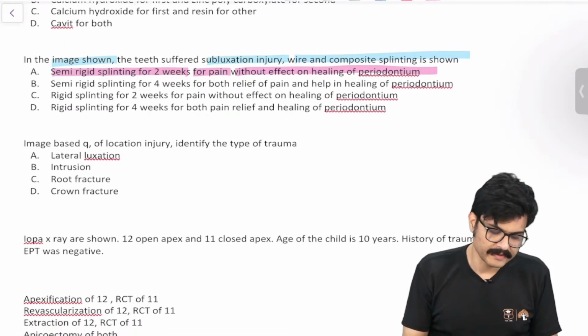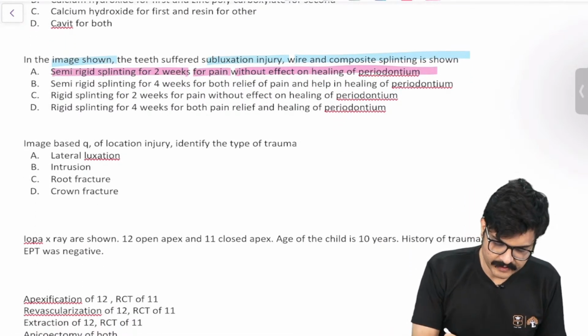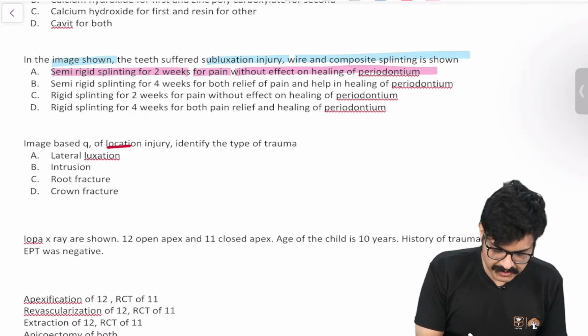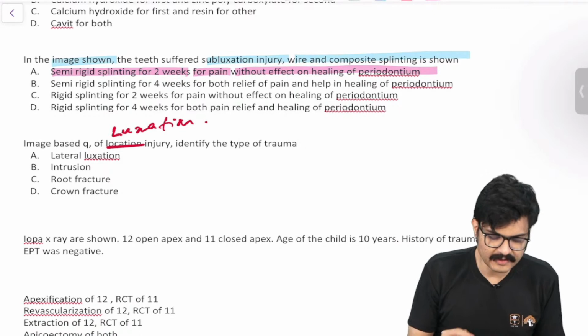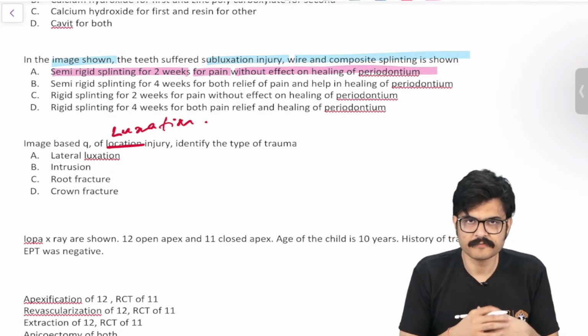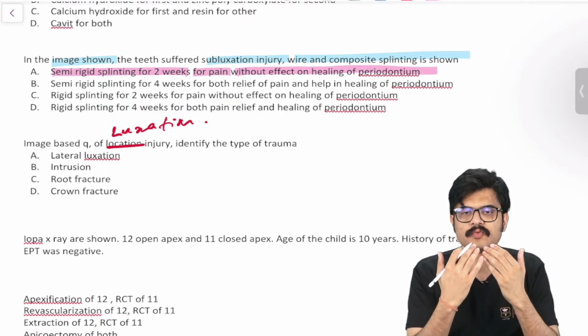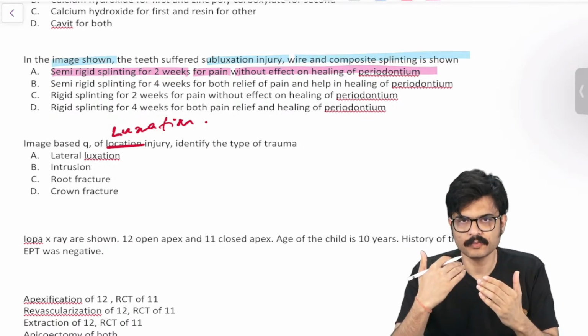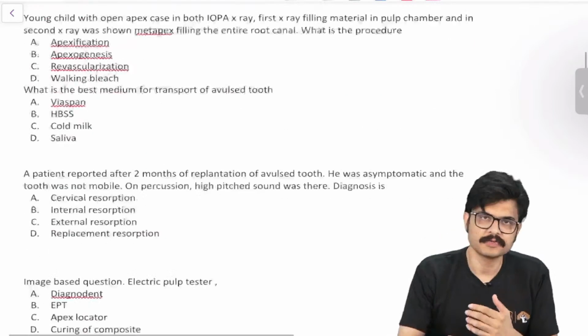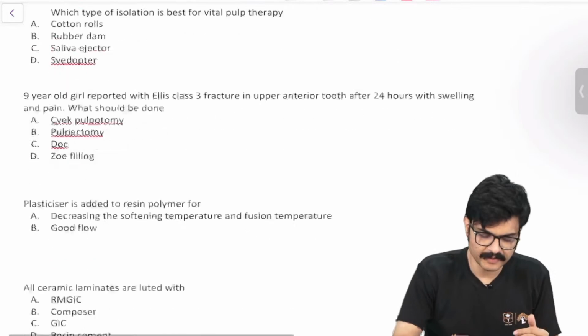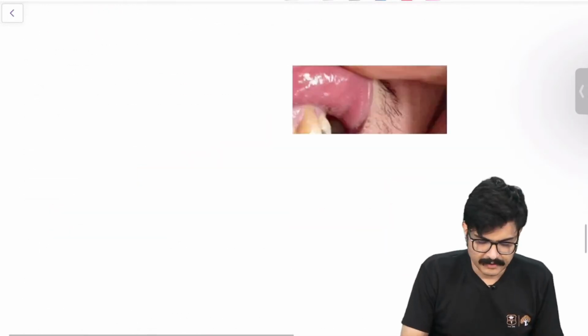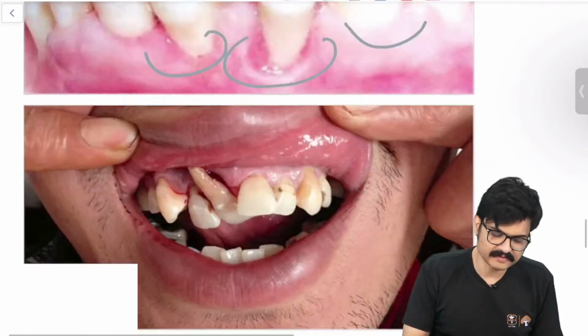All right, then an image-based question, a simple question in which a luxation injury was shown, and very clearly it was a case of lateral luxation. The crown was tilted lingually or palatally, and the root was displaced labially. So it was a classic case of lateral luxation, something like this.